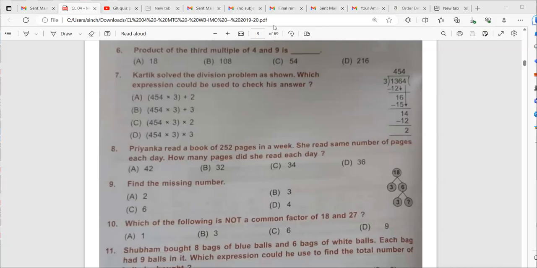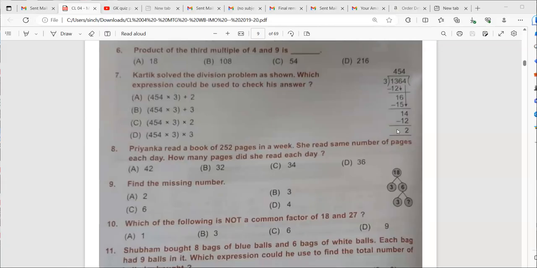Do you know the multiplication, Udit? Udit, are you there? Can you tell me 4 into 9 is how much?